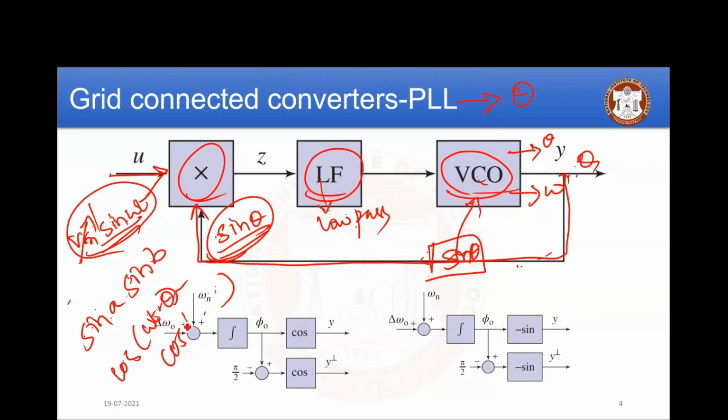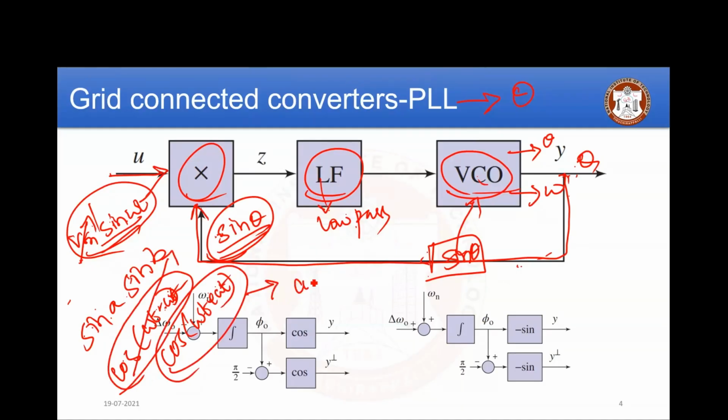Omega t plus theta. Assume that the instantaneous theta is almost equal to omega t. Then you can see that this is a constant. What about the other term? There is some extra term, cos 2 omega t, which is a double frequency term.